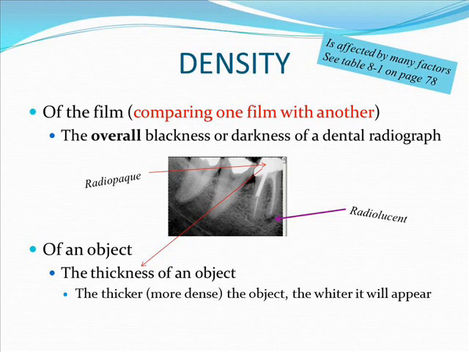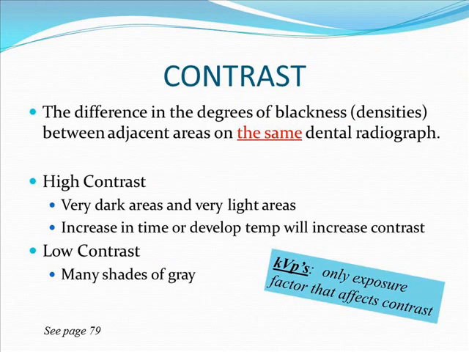Density is described there on the right-hand side of page 77. Again, there are two different characteristics, density and contrast. Let's talk about contrast with the slide here. Contrast means that we're comparing. When you're contrasting things, you're comparing one against the other. On an X-ray, if we say that it has high contrast, that means there's a big difference between black and white.